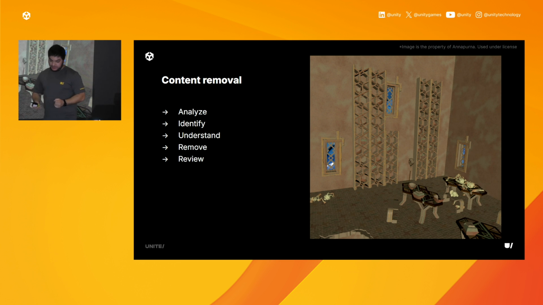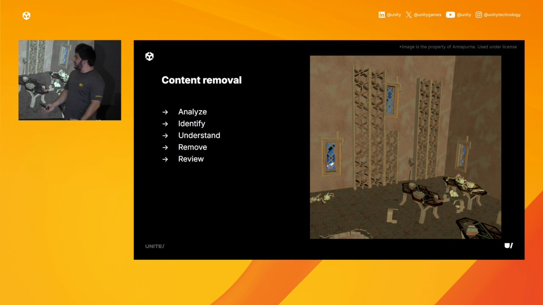So we tried to analyze and understand the distribution of props throughout the game. This was, again, more of an artistic process than a mechanical one, if you will. We tried to identify areas of significant repetition, and beyond that, we also really needed to understand the artistic and game design intent.